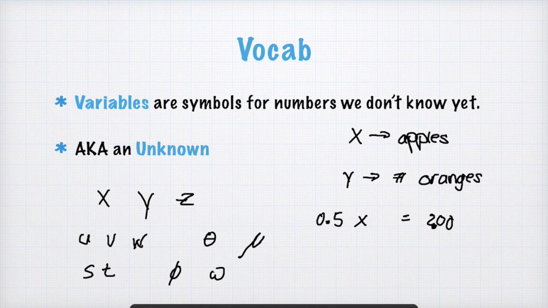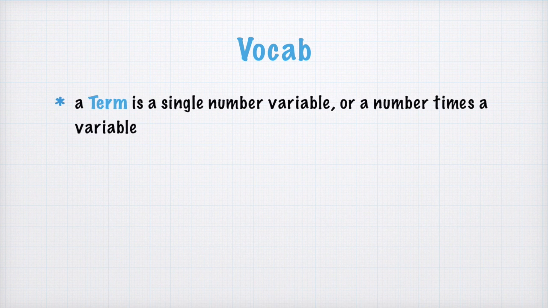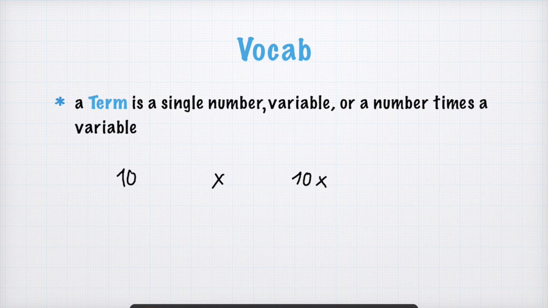Our next vocab is a term, and a term is a single number, variable, or a number times a variable. There should be a comma in there. And so, for example, our constant 10 is a term because it is a single number. Our variable x is a term because it is a single variable. We can also have 10x, and that's a term because you have a constant or number times a variable.